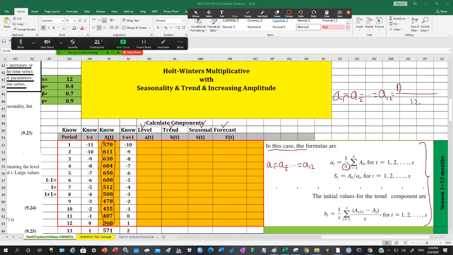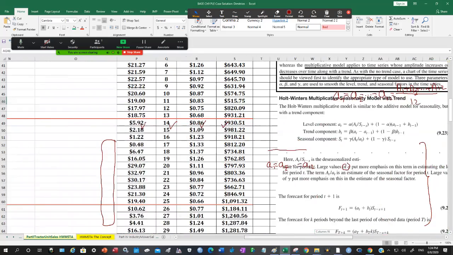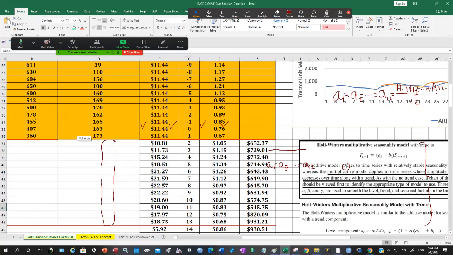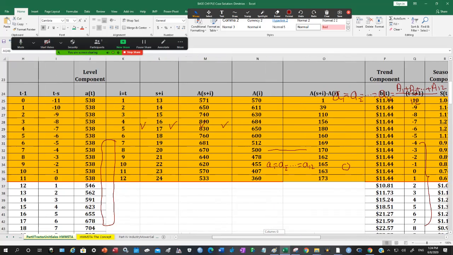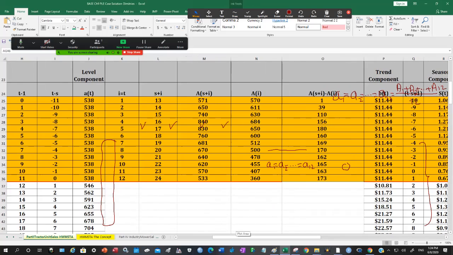You add the 12 actuals, and when I did the real problem, whatever this gives us was 538.